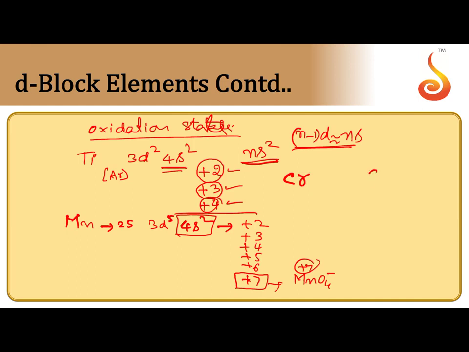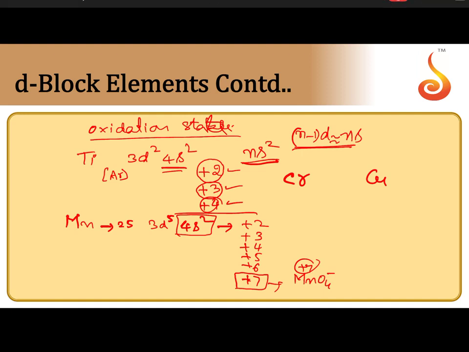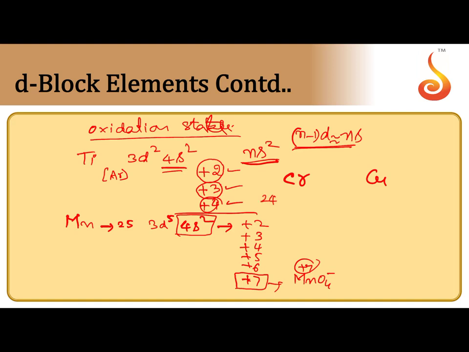Coming to chromium and copper, they have some abnormal electronic configuration. In order to get stability, they deviate from the Aufbau principle. For chromium, atomic number is 24. After argon, we can write it as 4s2 and 3d4.